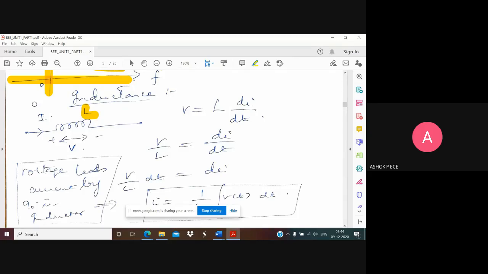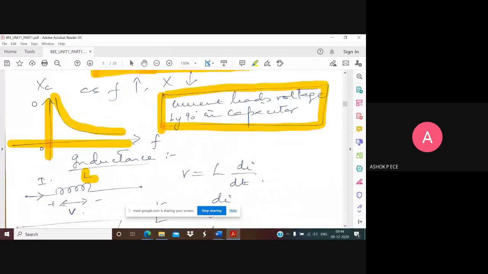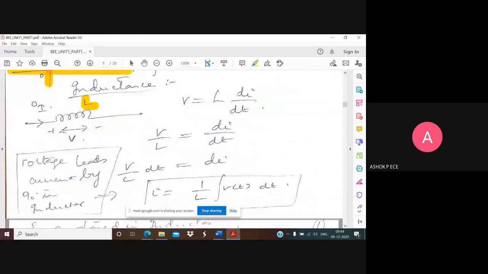In the same way, all of Faraday's laws are obeyed everywhere in inductor and capacitance. Okay, in capacitance, we talk about the electric field. In inductance, we talk about the magnetic field, H. So if the current flows through this coil, the magnetic field is set up.